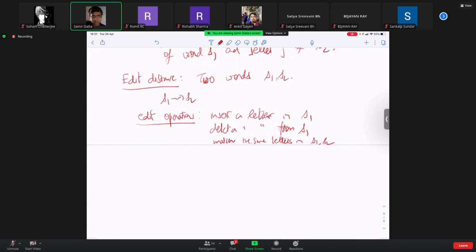So you want to convert S1 to S2 by changing a letter in S1, either inserting or deleting, or by matching the same letters in S1 and S2, correct? So how will you do this?